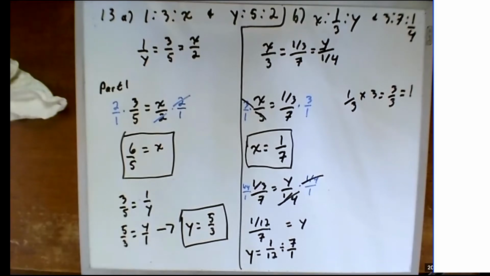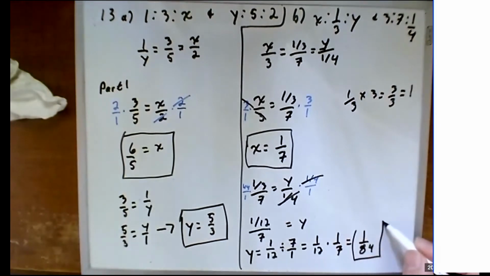And sorry, as I'm pausing here, I just want to make sure that I've got all this written down correctly. Yes, good. Which then gives us 1/12 times 1 over 7, which gets us 1 over 84. And that 1 over 84 is our final answer.